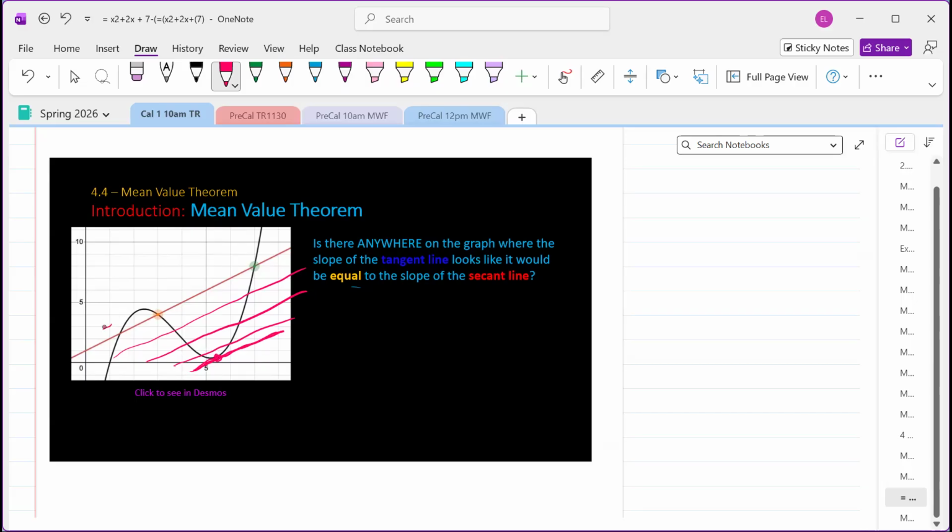And I can also see there's going to be a point over here. I couldn't make sense of the Desmos activity Christy had made, so I'm not doing that. So there's two places on this graph where the slope of the tangent line is going to be the same as the slope of the secant line.